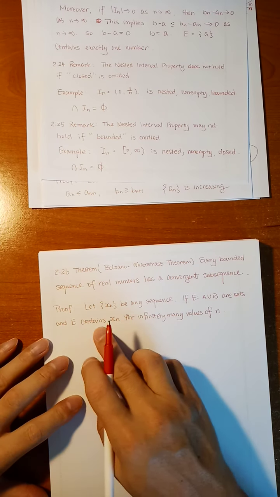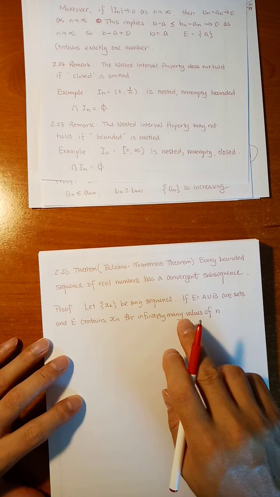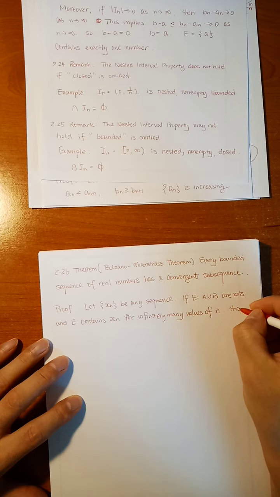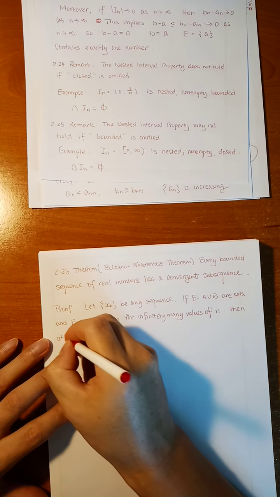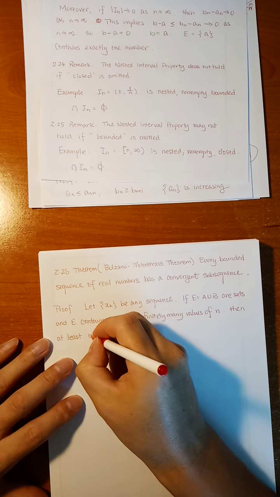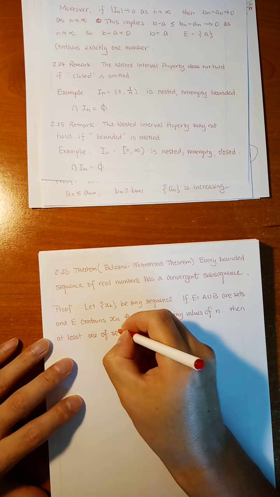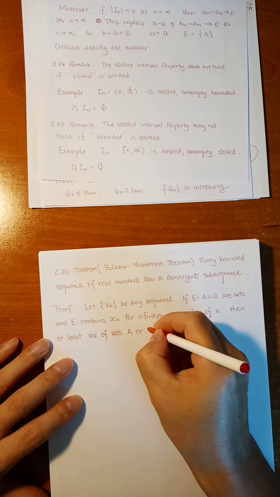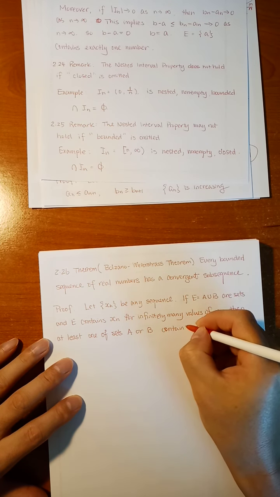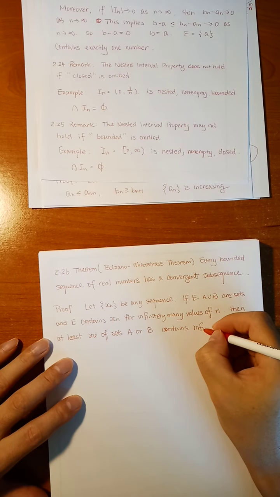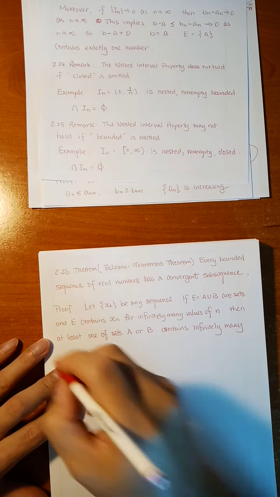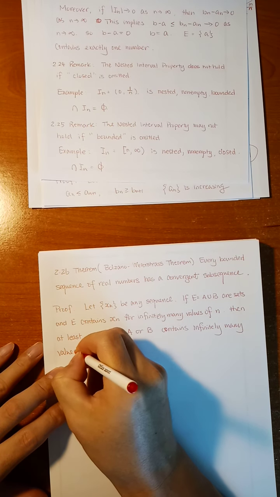If E contains x_n for infinitely many values of n, then at least one of the sets A or B contains x_n for infinitely many values of n.